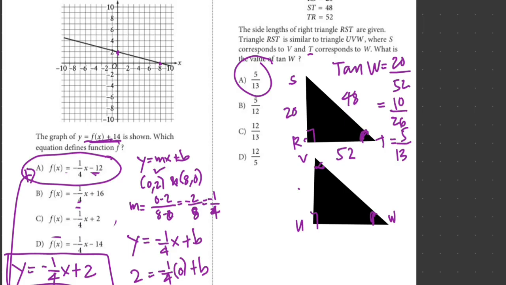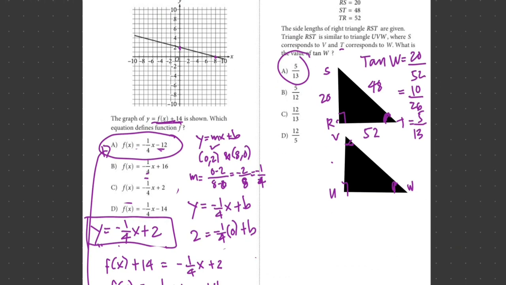And they have the same angles. Okay. Or maybe you calculate tangent T first, so that is 5 over 13. And that would be equal to tangent W. Tangent T is equal to tangent W. But it's the same, 5 over 13.